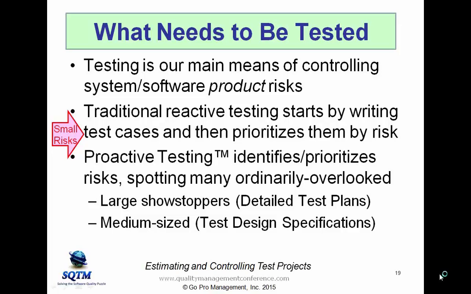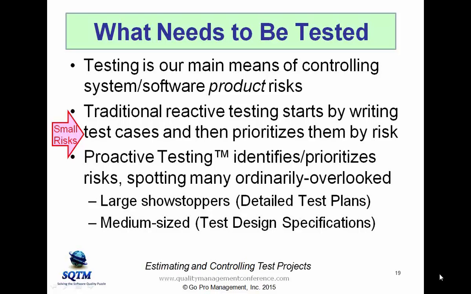And then we analyze and prioritize those large risks and focus on the higher large risks and identify medium-sized risks related to them. Those are the topics of what are called test design specifications.